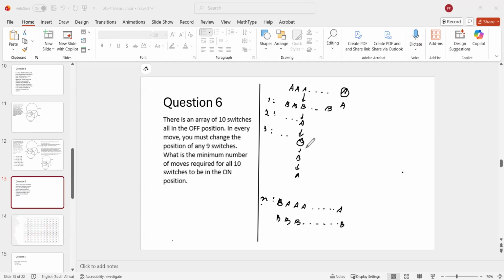But in one case, it remains still. If it wasn't remaining still, then every time you take 2 moves, you come to A. So an even number of moves will come back to A, but an odd number will come back to B.